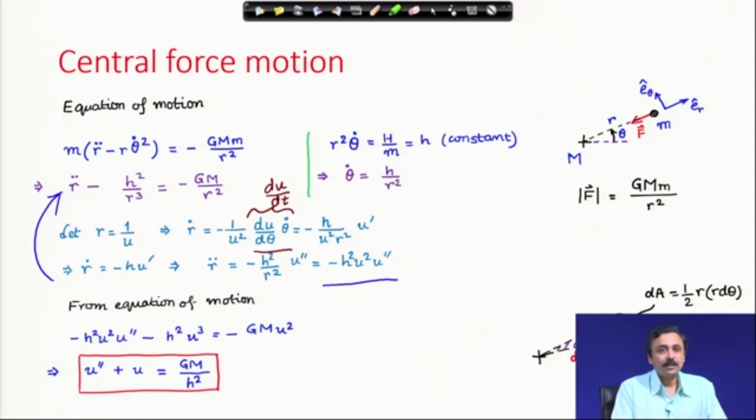The right hand side is completely a constant. The left hand side is a linear ordinary differential operator. Therefore, this is a second order linear ordinary differential equation with a constant right hand side.